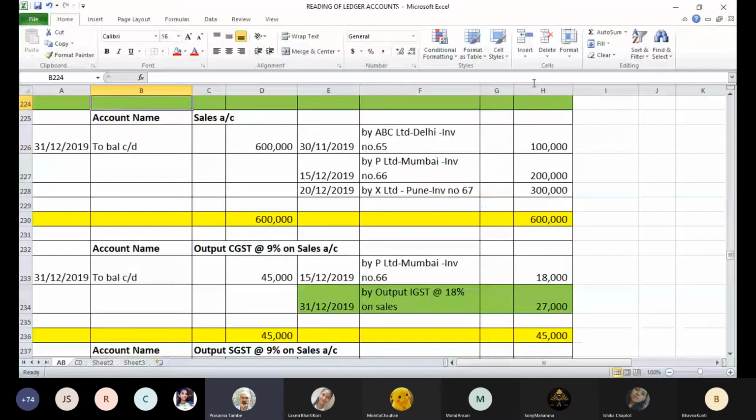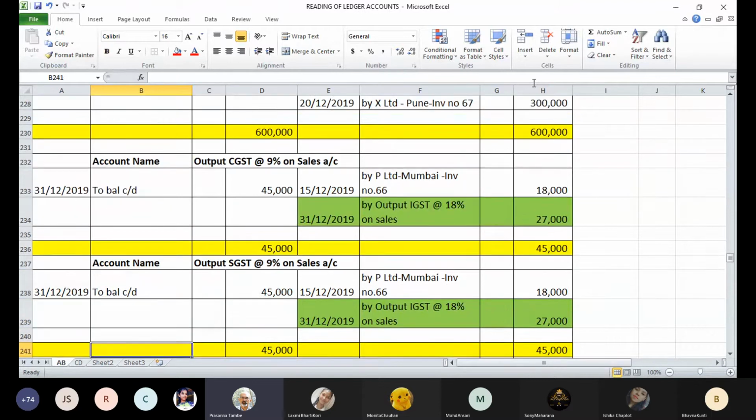This is not the end of the year, so accounts are not closed. Otherwise, your sale account will be closed by transferring the balance to profit and loss account. Output CGST, output SGST, these will be closed as and when the payments are made. But it has not happened. Neither the payments are made, nor the accounting is closed towards the end of the year. So we are simply carrying forward the balances on 31st of December.